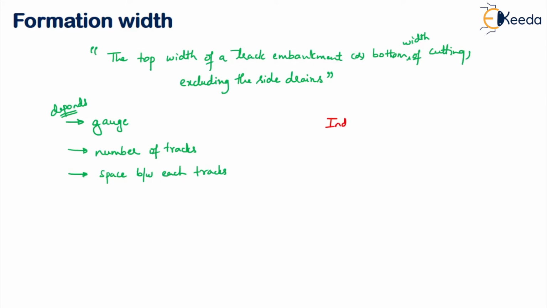So according to Indian Railway Board, we have some minimum formation widths for broad gauge. Let me write it here. Minimum formation width. I'll call the formation width FW for BG.